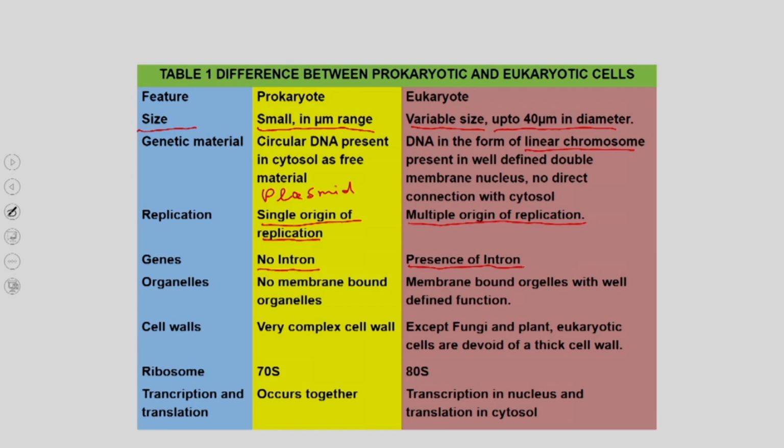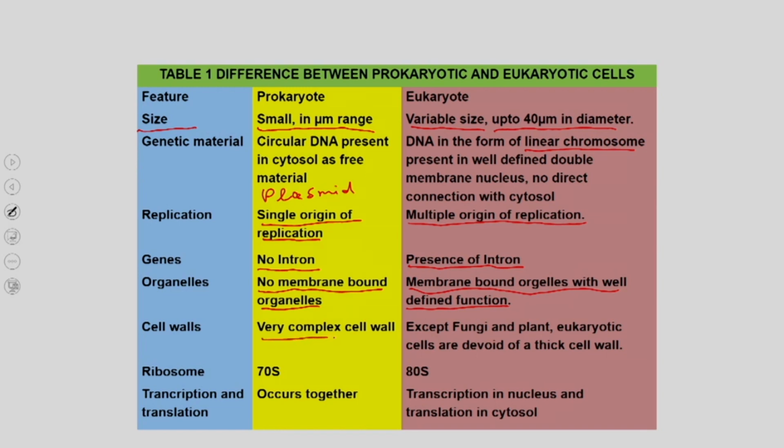Then organelles: there are no membrane bound organelles present in prokaryotes, whereas membrane bound organelles are present in eukaryotes. This also gives a significant advantage to the eukaryotic system, and we will discuss the relevance of having membrane bound organelles in subsequent lectures.